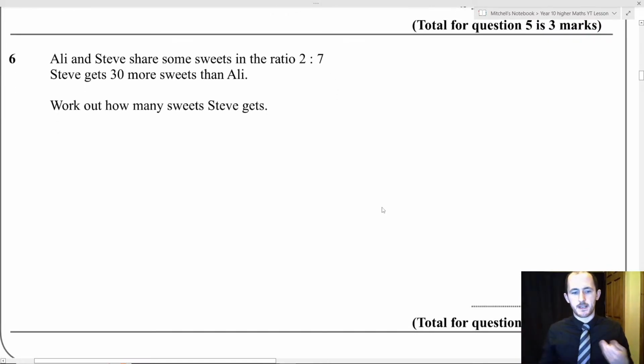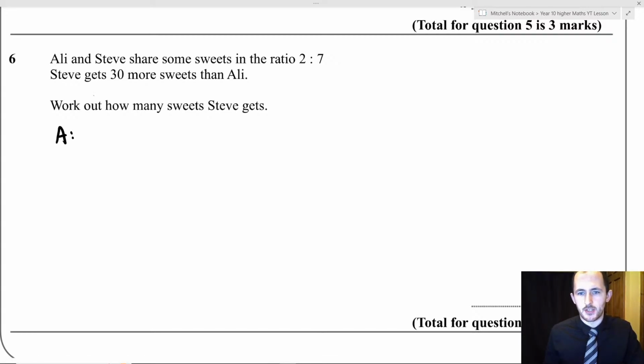So again, this is like a second go at the question before that. So Ali and Steve share some sweets in the ratio of 2 to 7. Steve gets 30 more sweets than Ali. So what we know here is that 5 parts equals 30.